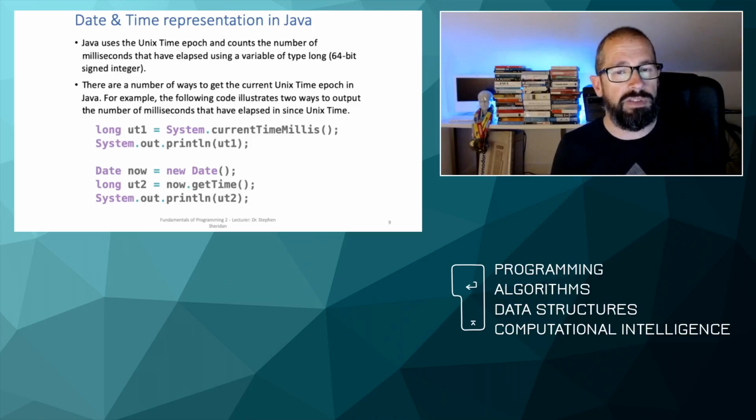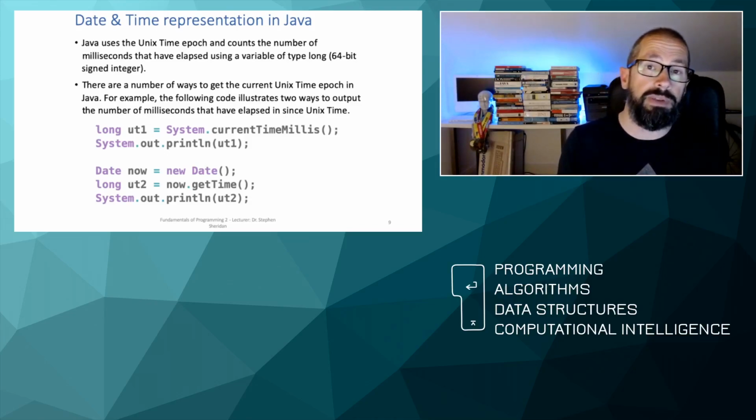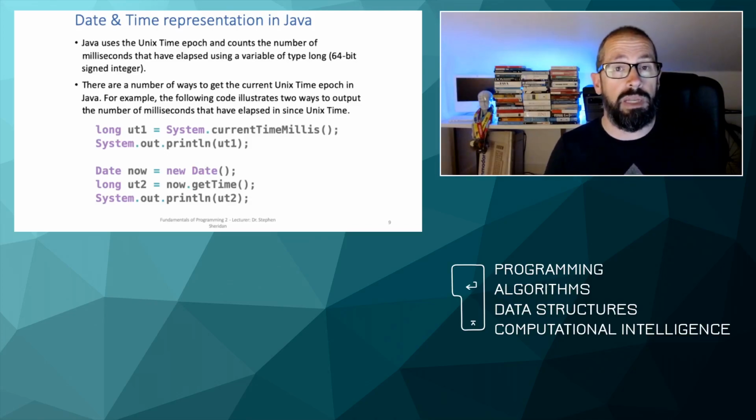And this idea of the system time in Java, of course, is this Unix time or epoch time. So we're going to take a look at how we can grab the current time in Java, how we can deal with that and print it out, and how we can begin to manipulate the idea of dates and times in Java.